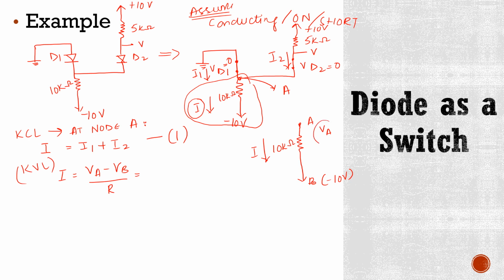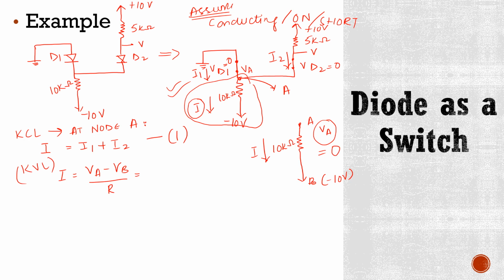Now what is VA here? As you can see from this circuit, here VA is here, and since this node is in parallel combination, and we know that in parallel combination voltage remains same, so if VD1 and VD2 are 0, it means the voltage drop at this node A will also be 0.